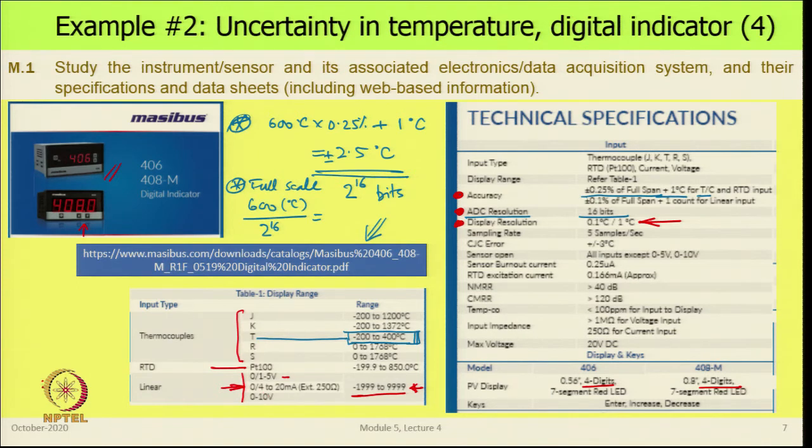This signal could be 0 to 20 milliamperes or 4 to 20 milliamperes, and that is the range over which this signal will come. So, minus 1999 will correspond to, say, in this case 0, and 9999 will correspond to 20 milliamperes.